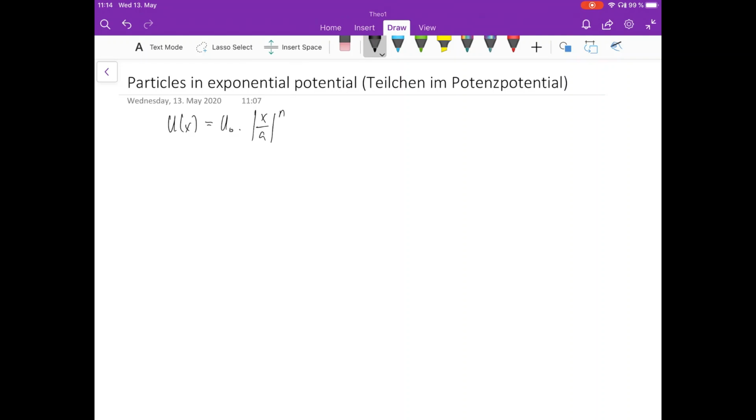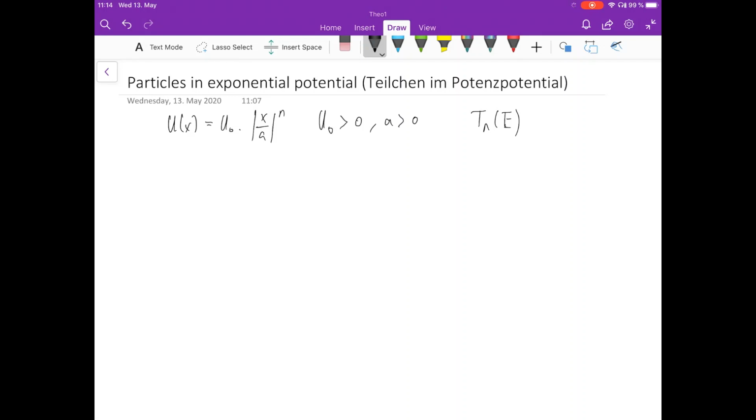Let's also write down that U_0 is bigger than 0 and a is bigger than 0. Because of the absolute value, the whole function is going to be positive, so we are only dealing with positive potentials. And the question is, what is our period according to n and E?